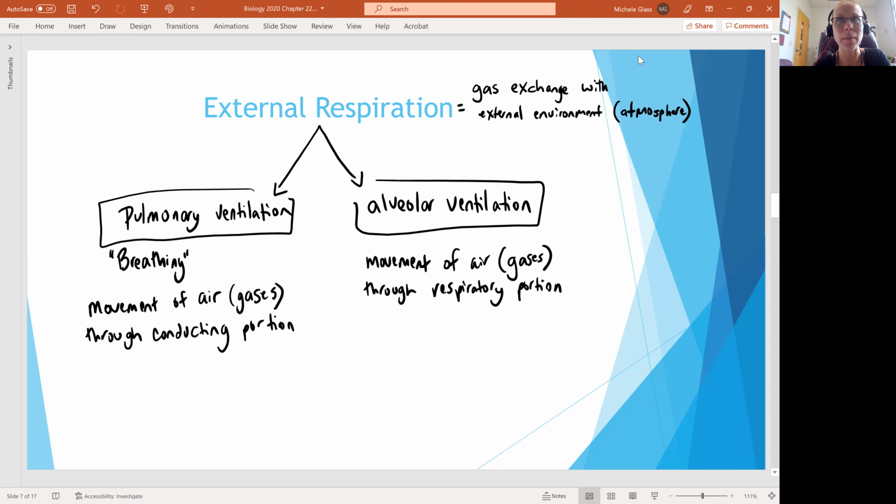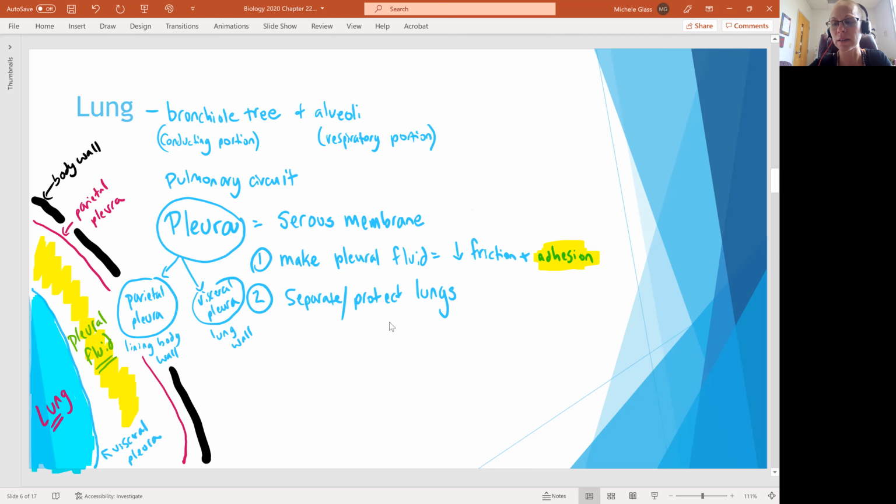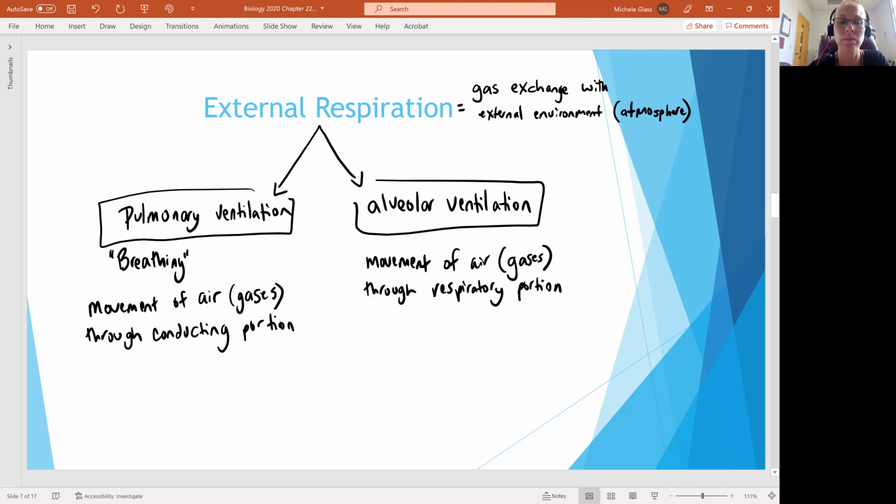And one of the important features of the alveolar ventilation is that as we get into the alveoli, we will see that there is less oxygen in this gas, because there's going to be some, I'm going to use quotation marks, old air that's going to be in this portion.